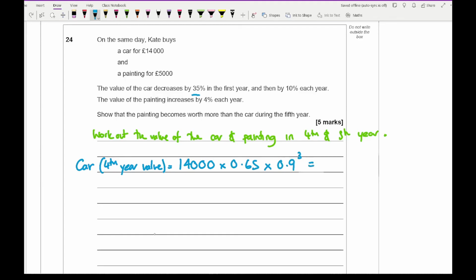Now if I type that all into my calculator, to the power of 3, I get an answer of 6,633 and 90 pence.